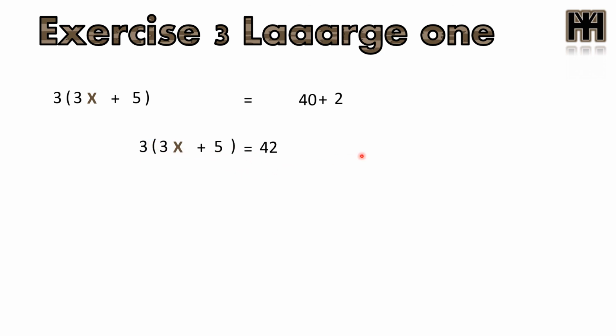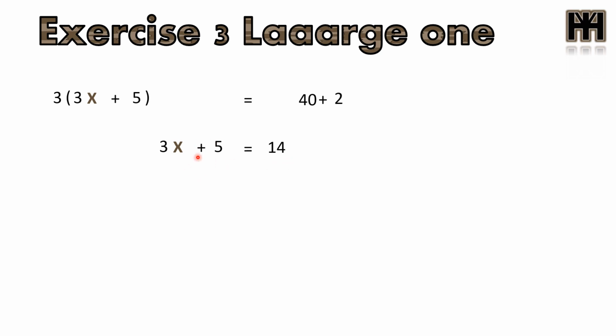Okay. In the order of operations, we have BEDMAS. Remember, B is for bracket, E for exponent, M for multiplication, D for division, A for addition, S for subtraction. The brackets are last because we go in reverse. So 3 is multiplication. We'll send it to the other side as division. So we have 42 over 3, which is 14.